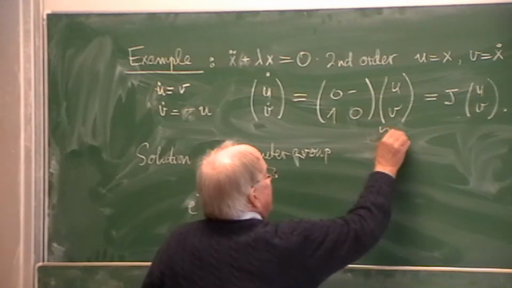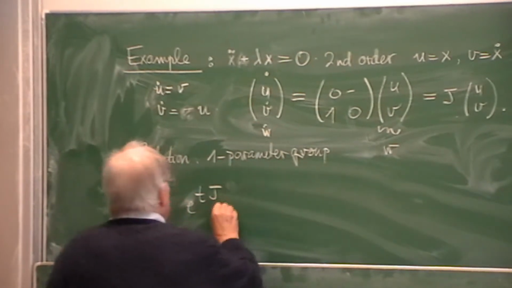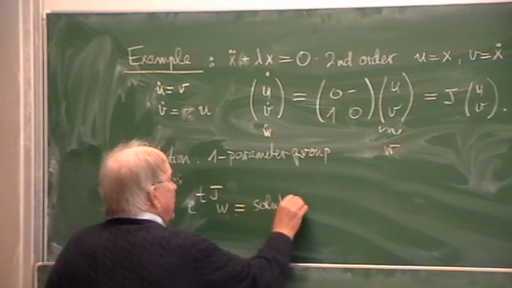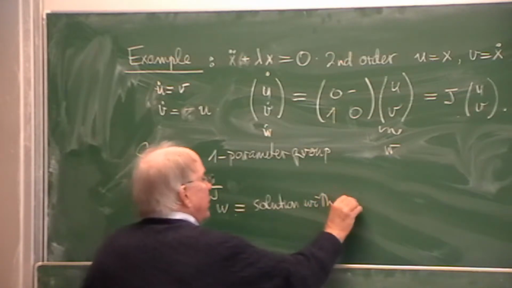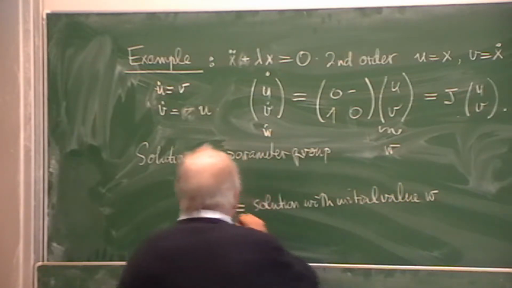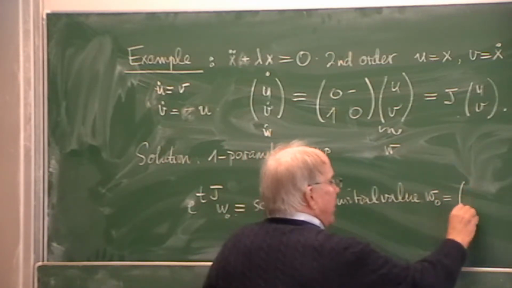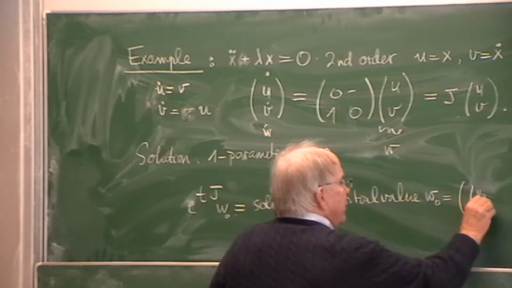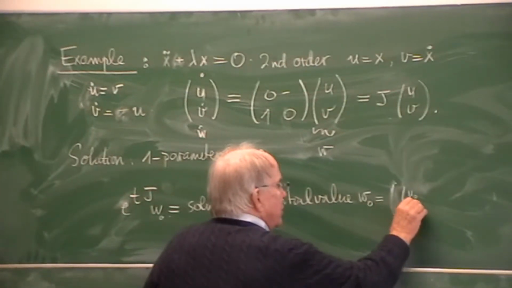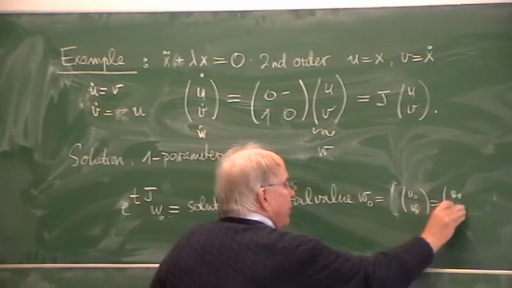So that means, well, if we call this thing a vector, I don't know, a vector W, and so this is a vector W point, so this is the solution, and this orbit is the solution with initial value W, say maybe W0, which is the initial value of the pair U0, V0, which means the point and the derivative.